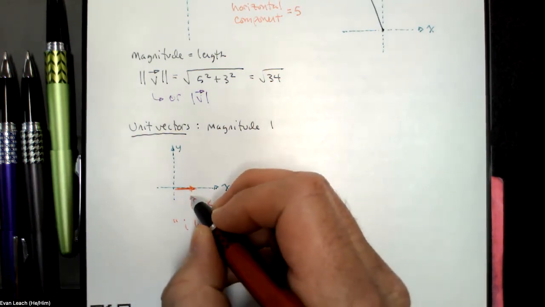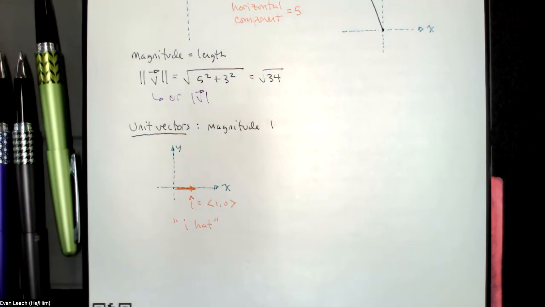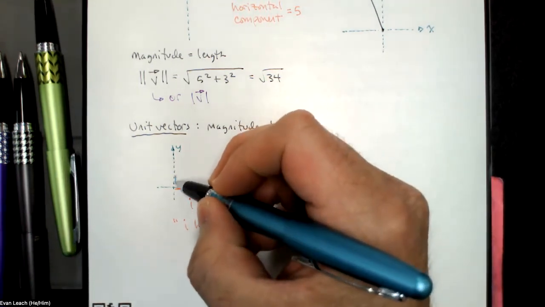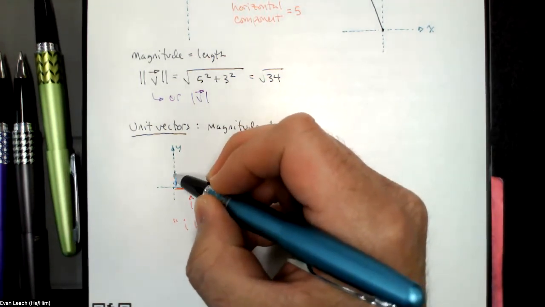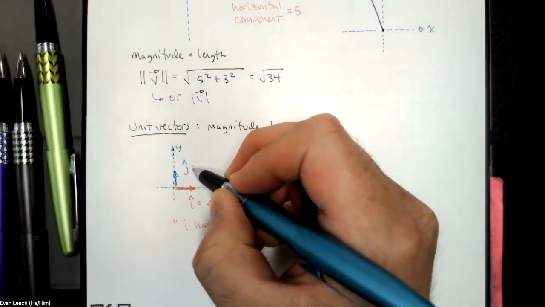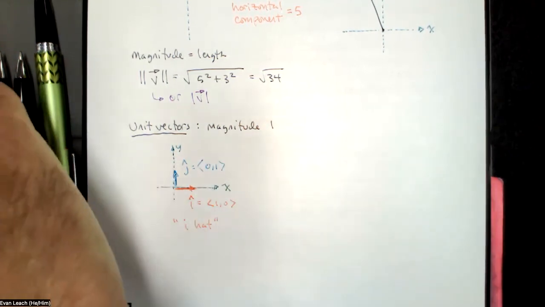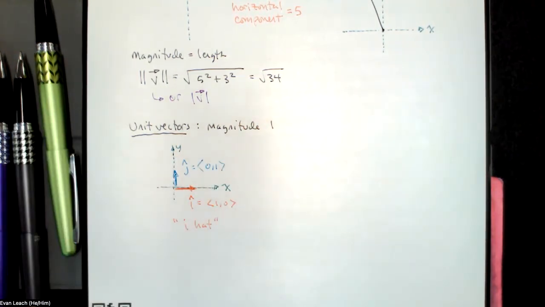So I'll have this unit vector in the x direction, i hat, and we'll have a unit vector in the y direction, j hat. Not quite.